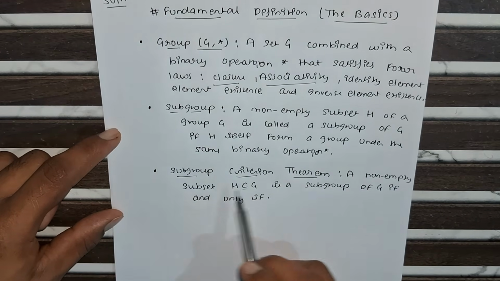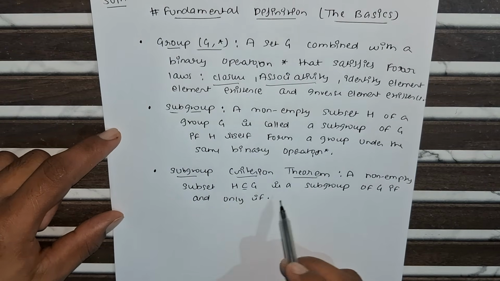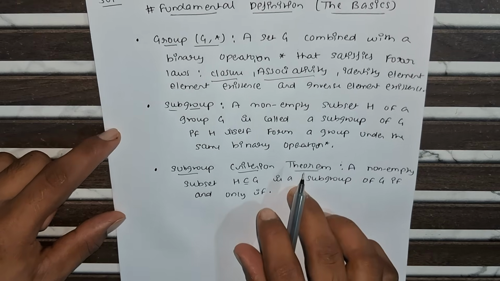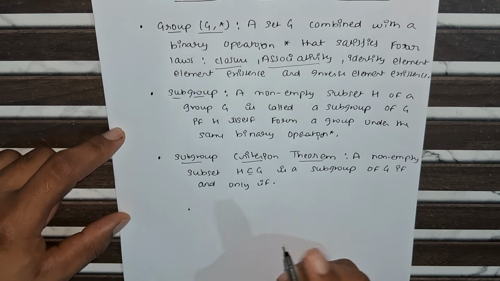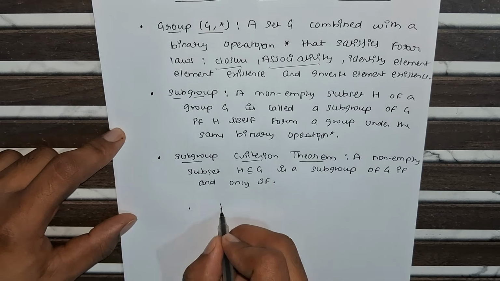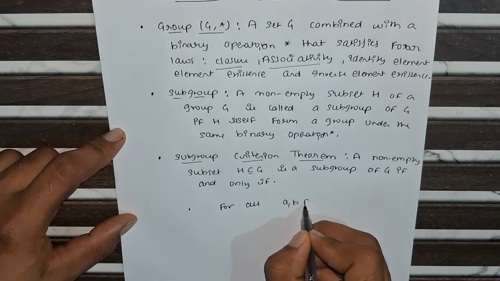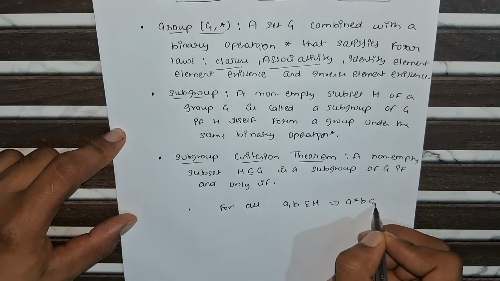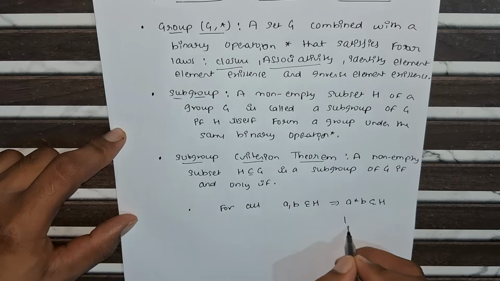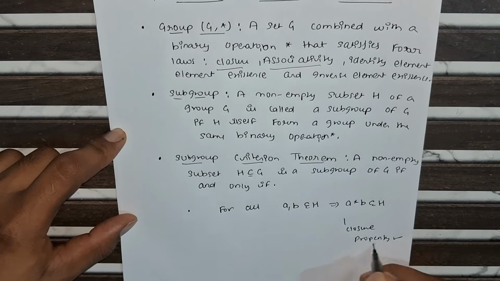Now move to the next one, which is the subgroup criterion theorem. A non-empty subset H of G is a subgroup of G if and only if, for all a, b belonging to H, a * b belongs to H. This is called our closure property, so the closure property is satisfied.